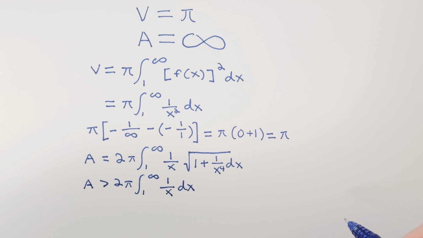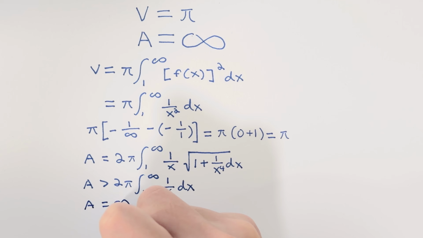The integral of 1 over x is the natural logarithm ln x. As x goes to infinity, ln x also goes to infinity. So this would mean that SA, the surface area, is equal to infinity.